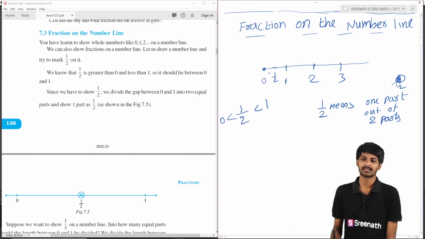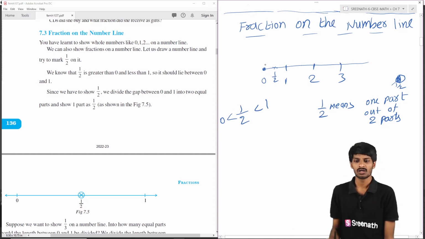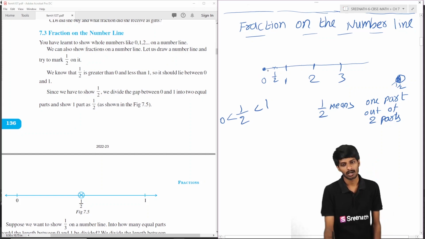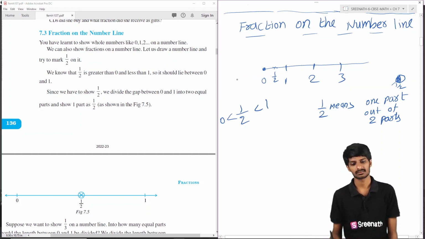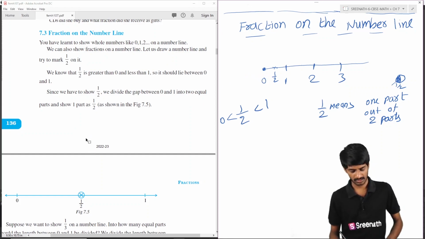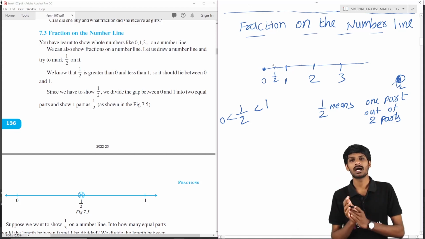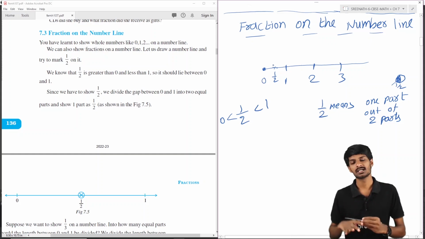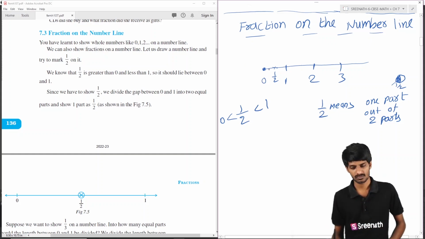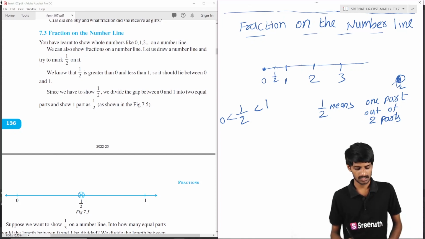So that half of the space, which means one part of it, is marked as 1 by 2, students. That 1 by 2 is in the middle of the 0 and 1, the half part. So if we take the space from 0 to 1 as the whole, and make it two equal parts, one part shows the 1 by 2. That is the thing, students.